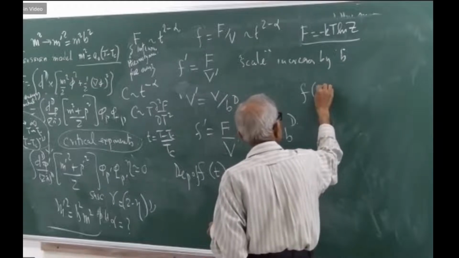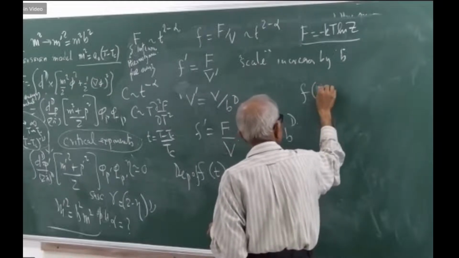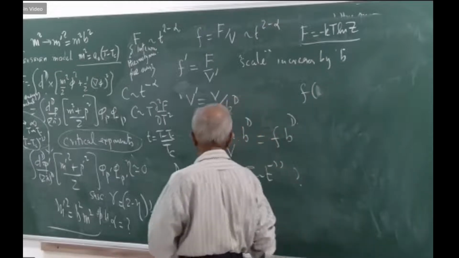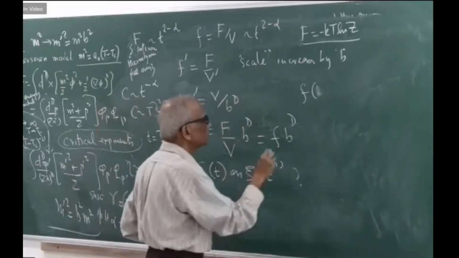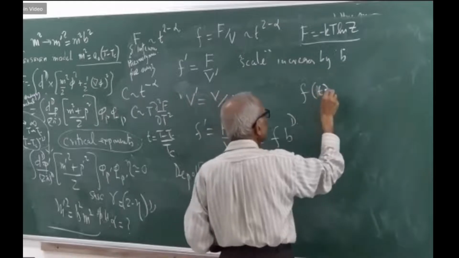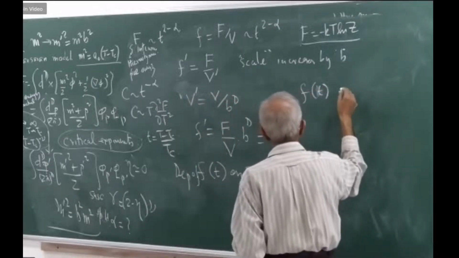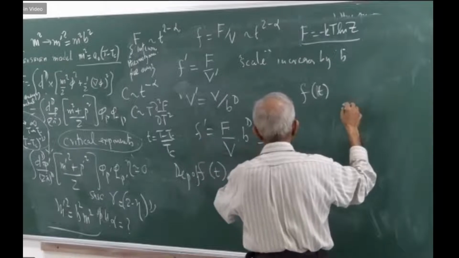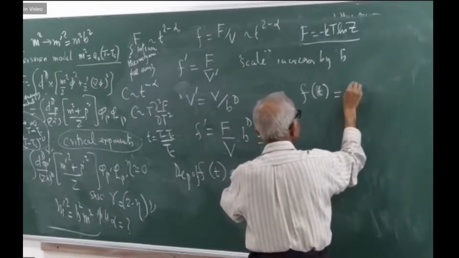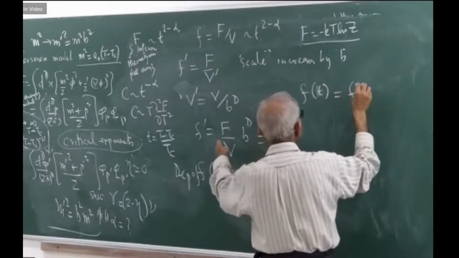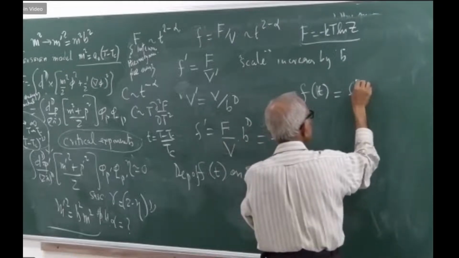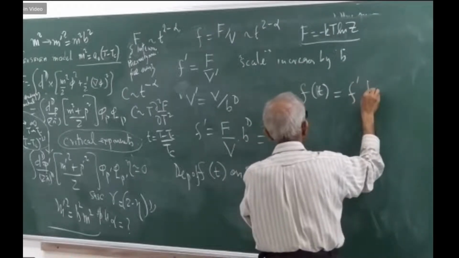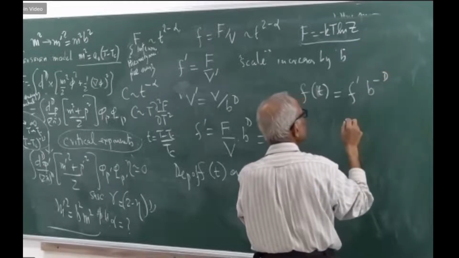So F of T, and I have gone to the next step, which is the change, F of T is over here. This is equal to F prime, so it is F prime times b to the power minus d.